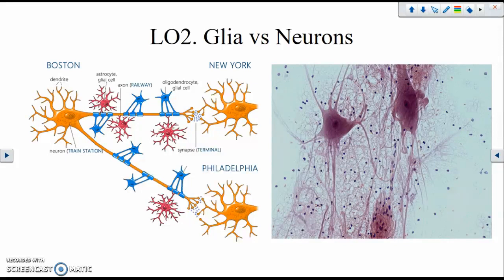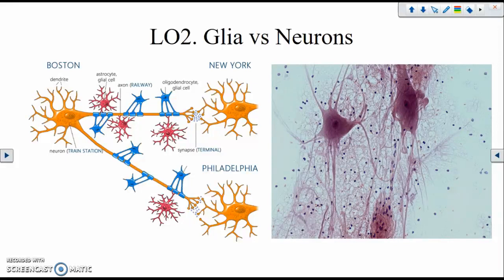And myelin, just as an FYI, is this blue sheath that covers the axon, or the extensions from the neuron. The purpose of this myelin is to speed up the electrical impulses generated from the neurons on to the next neuron.